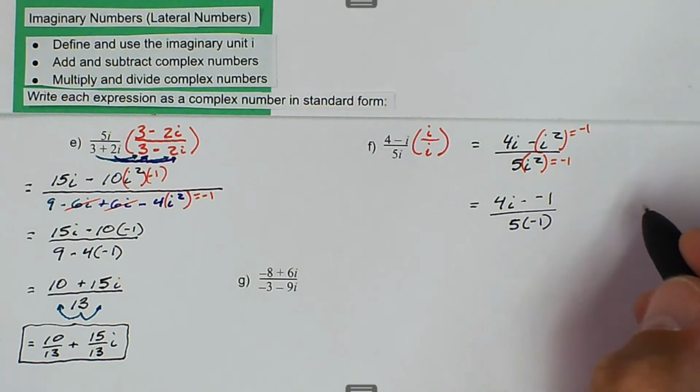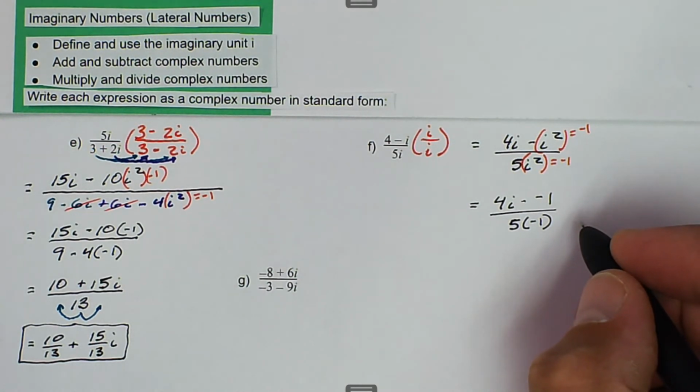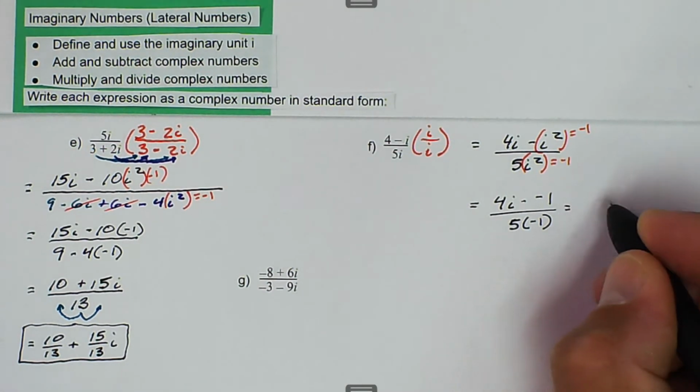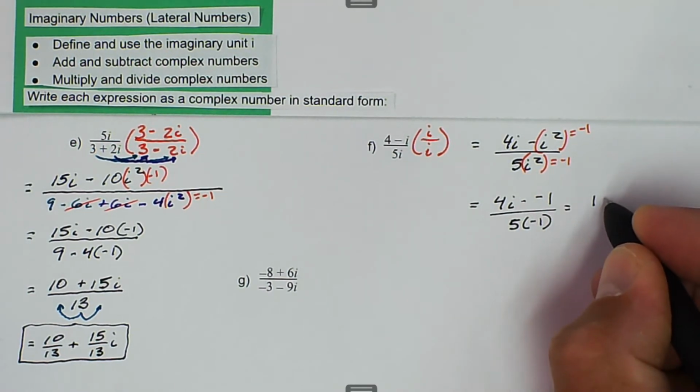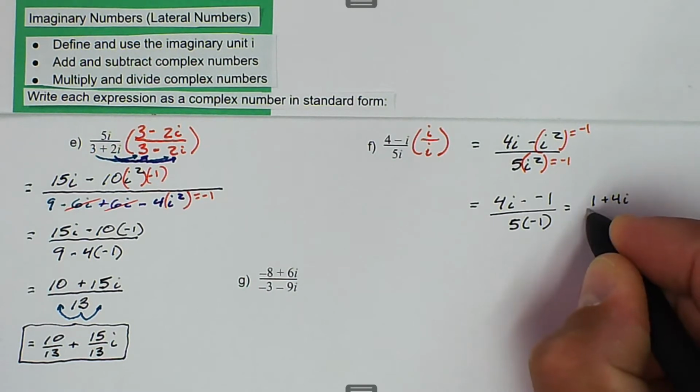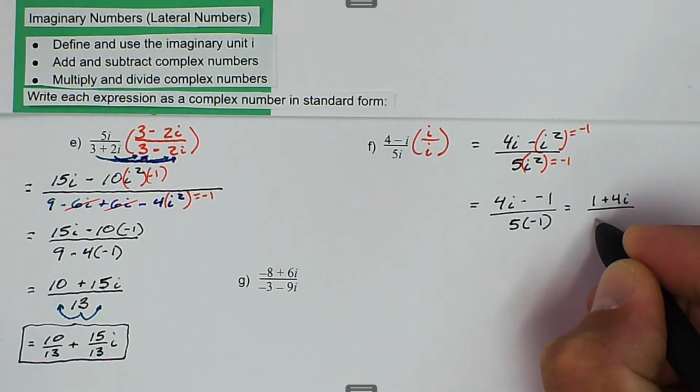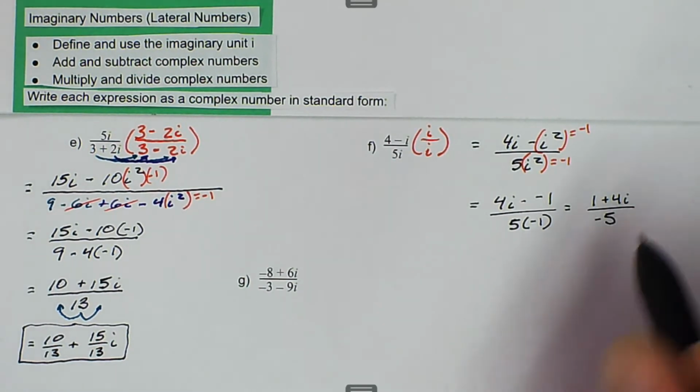So we can rewrite this and keep simplifying, and we get negative is positive, so that's 1 plus 4i divided by negative 5.